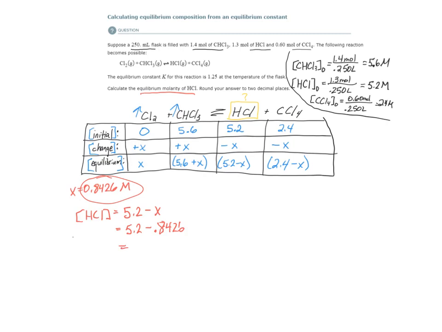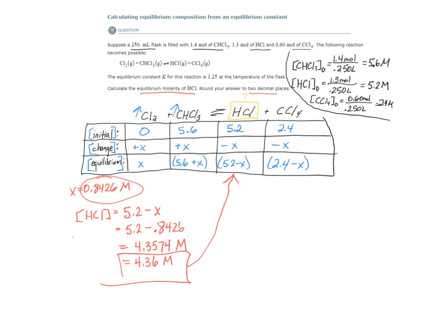So 5.2 minus 0.8426 is equal to 4.3574 molar. And if we round it to 2 decimal places, it's equal to 4.36 molar. That is our answer. That is the equilibrium concentration of HCl.